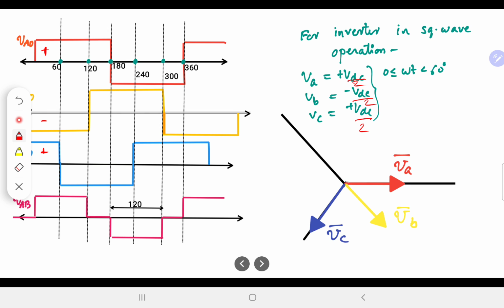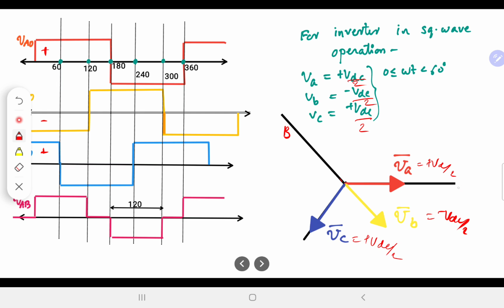So VA is in this direction, plus VDC by 2, and VB is minus VDC by 2, that is in this direction, and VC is plus VDC by 2. So this is in this direction itself. VB has a negative sign, so it is away from the B axis.